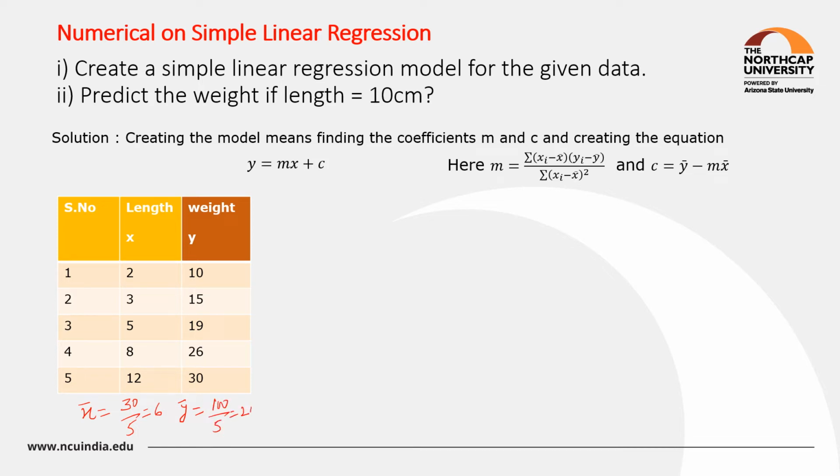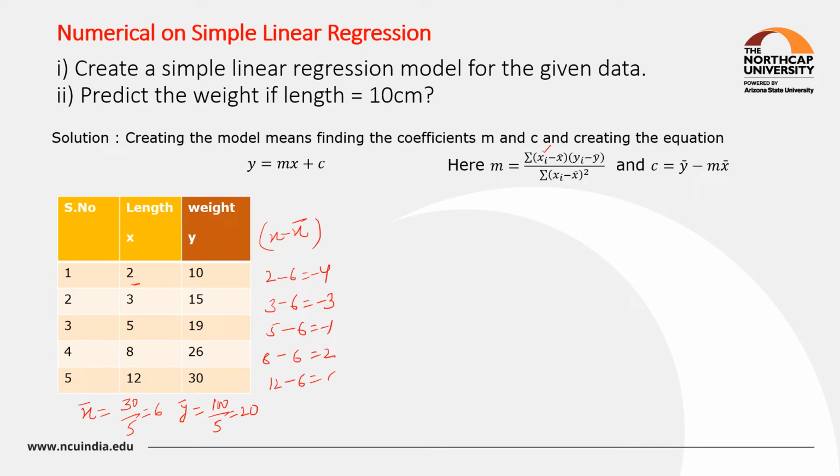Now let's calculate x minus x bar, where x is 2 here: 2 minus 6 is minus 4, 3 minus 6 is minus 3, 5 minus 6 is minus 1, 8 minus 6 is 2, 12 minus 6 is 6.